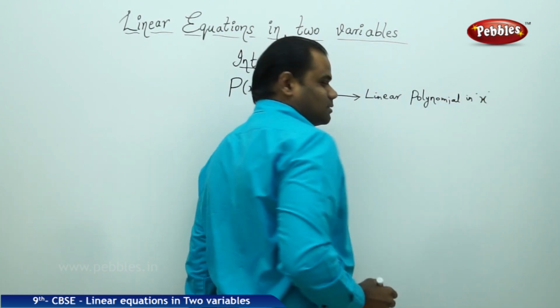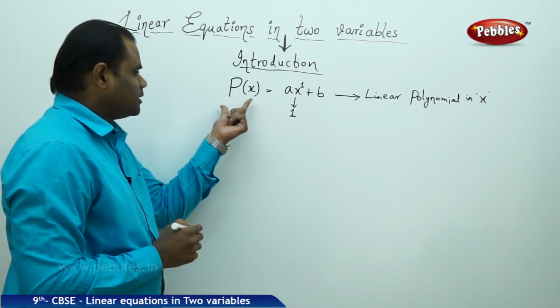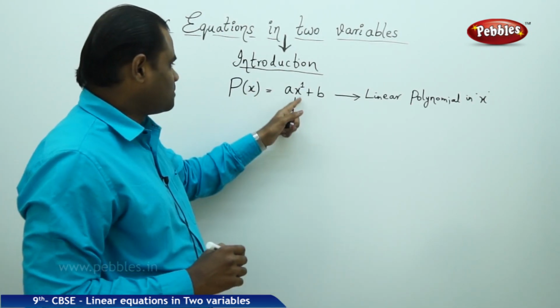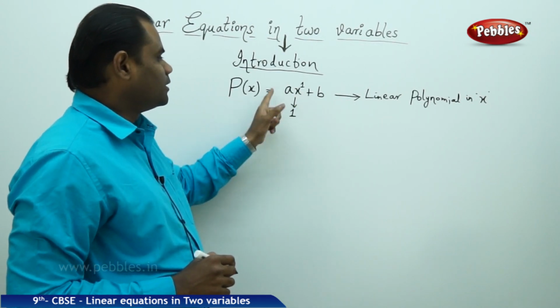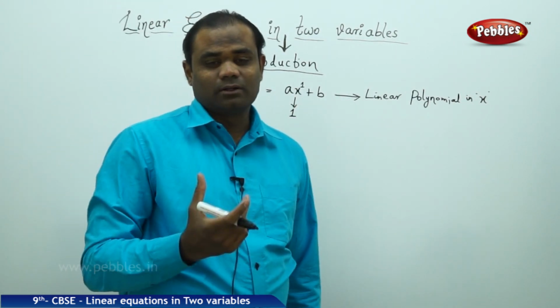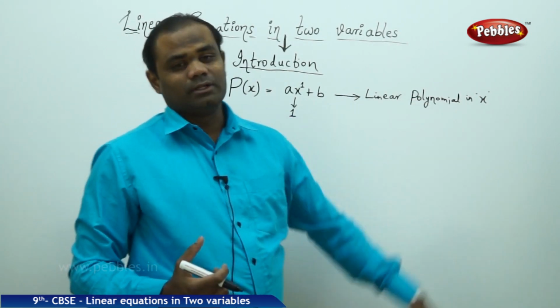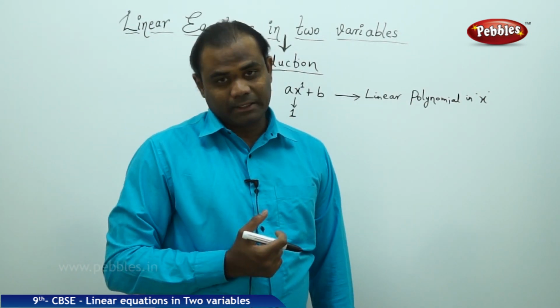Clearly, seeing this linear polynomial, I find only one variable which is x and its power being 1. Therefore, the degree of this entire polynomial is 1.